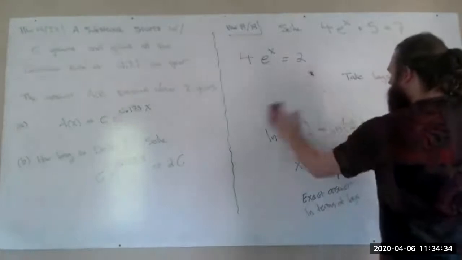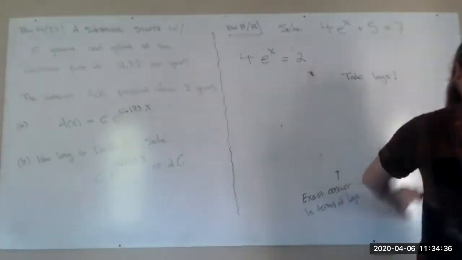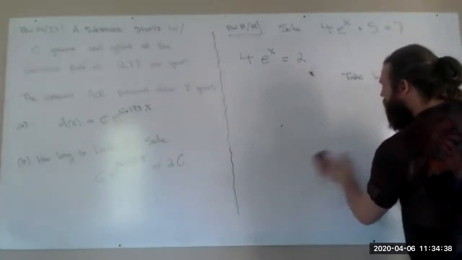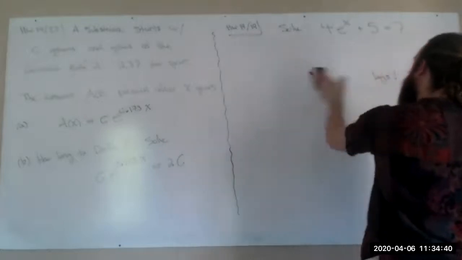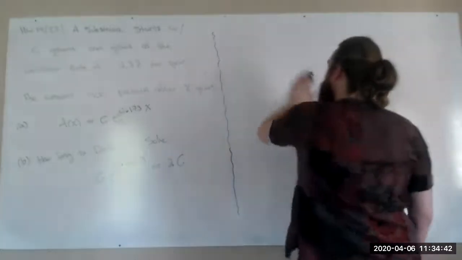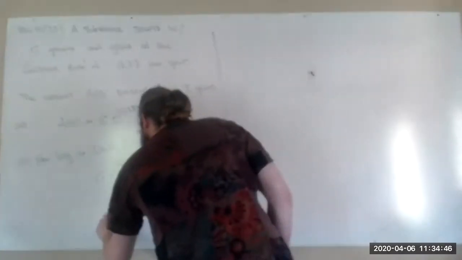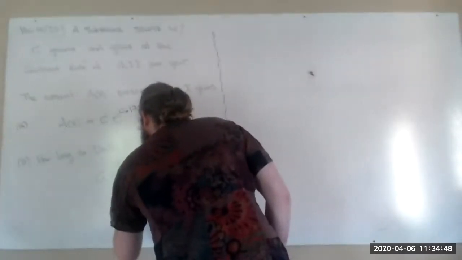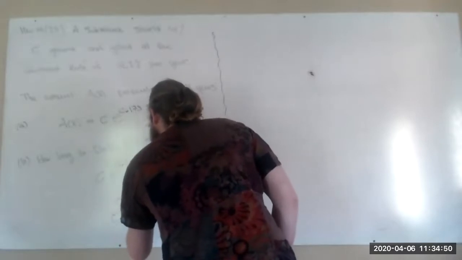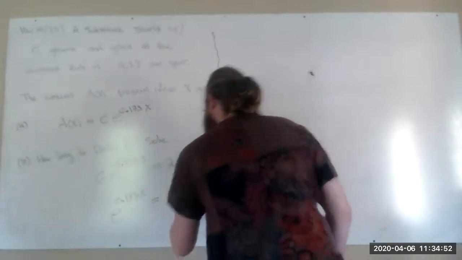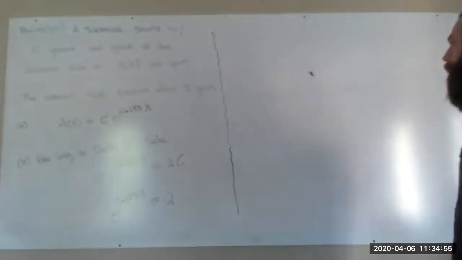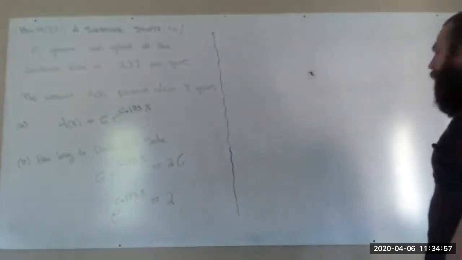First, divide both sides by C. The C's will cancel. So dividing both sides by C, I get e to the 0.173x equals 2. And now I take logs.